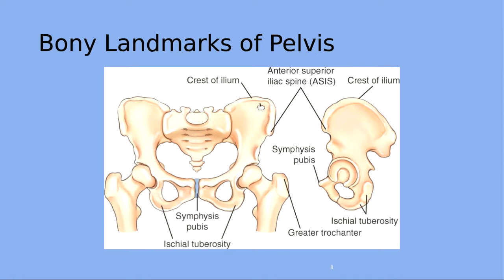They're actually putting their hands on the iliac crest. And then we have the anterior superior iliac spine, which is also a positioning landmark that we use. We've got the ischial tuberosities, the pubic symphysis, and the greater trochanter, which sits in the lateral aspect of the femur. All bony landmarks that can be utilized for positioning.